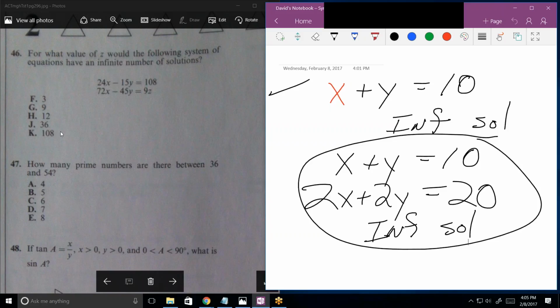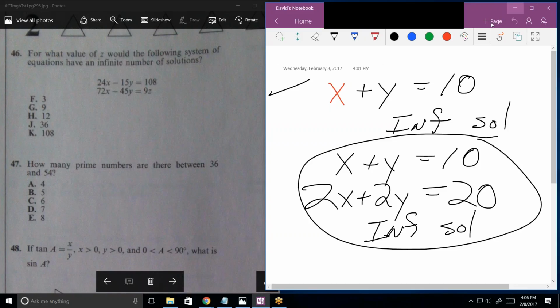You just have to make sure that 9 times z is 3 times 108. Well, 3 times 108 is 324. Once you know that 9z has to be equal to 324, you don't really need a calculator to come up with z has to be 36.